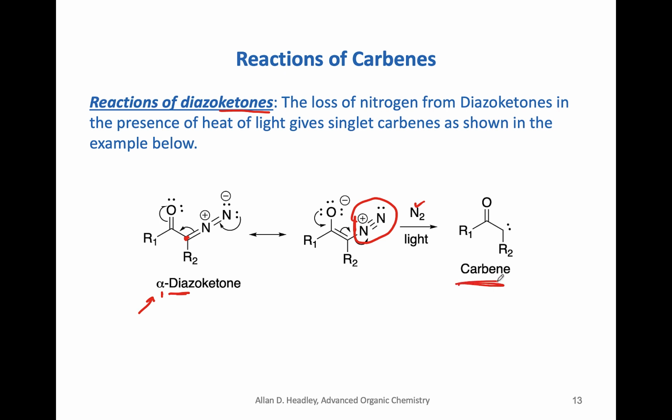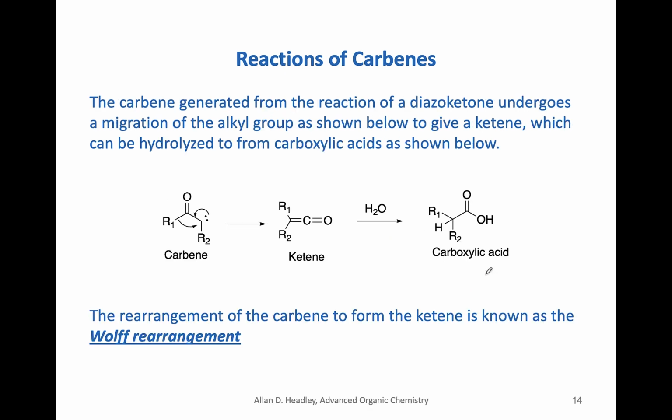That's a carbene. The carbene can have migration from the group that's bonded to the carbonyl to the alpha carbon. So we have this, and these electrons come back in, and we form what's called a ketene.